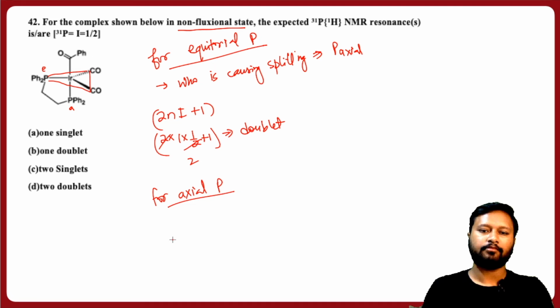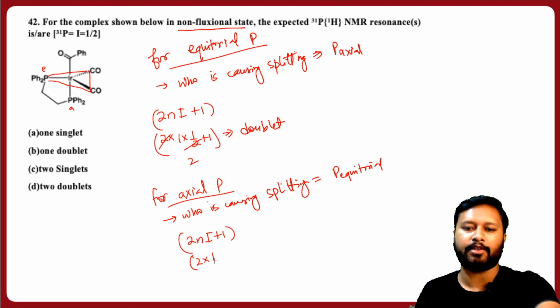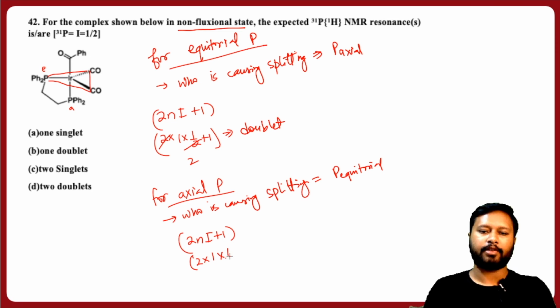Who is causing splitting? Equatorial phosphorus. Again 2nI plus 1, because you have just one equatorial phosphorus, half plus 1, again you will get 2, that is a doublet.